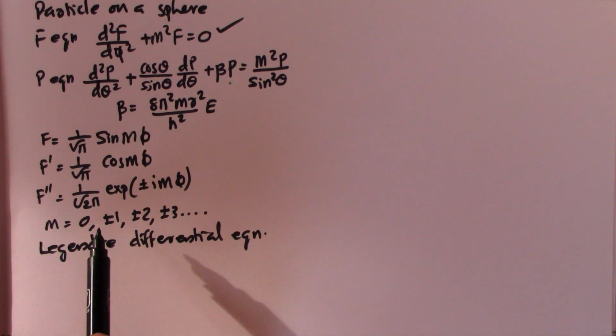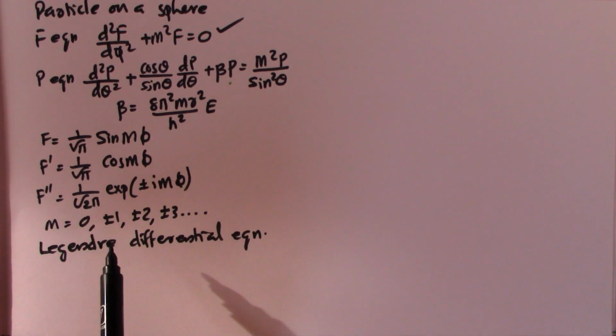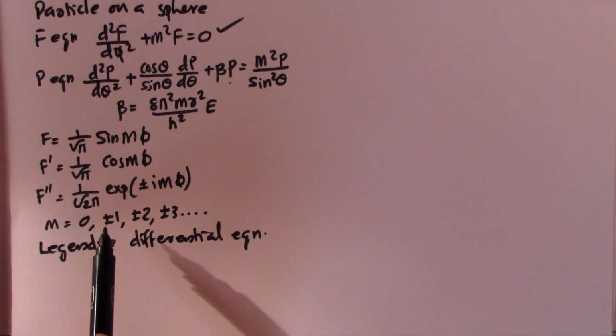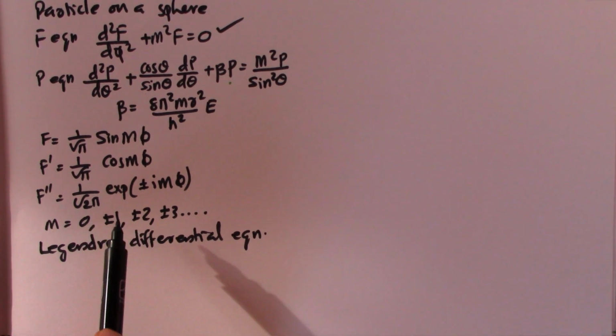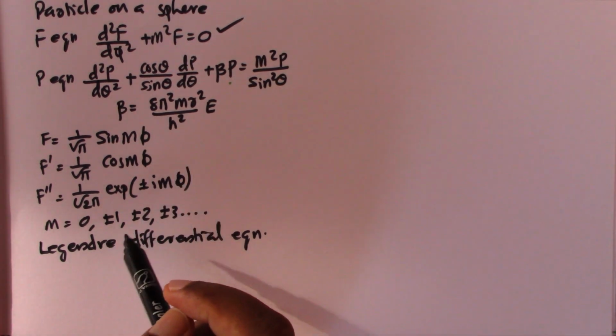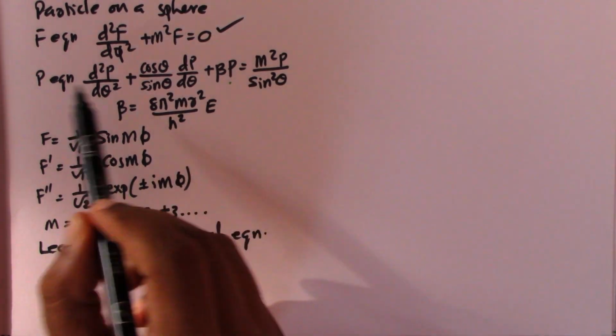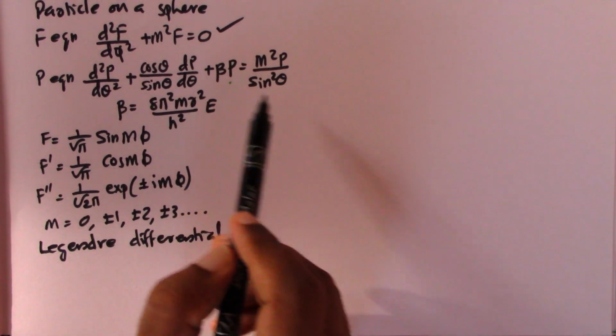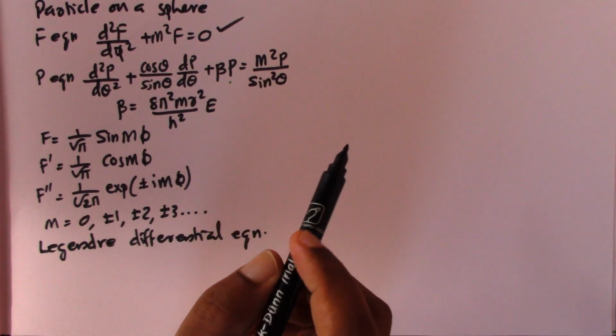So no matter what the sign of m is, it depends on the absolute value of m, right? So depending upon different absolute values of m, you will get different Legendre differential equations with different values on the right hand side of the equation.